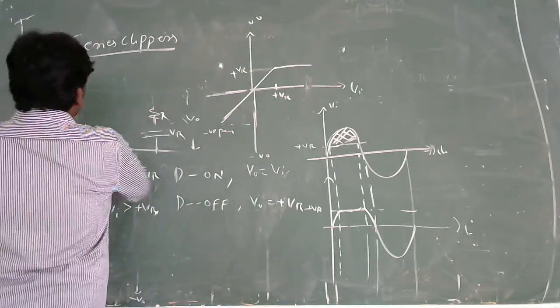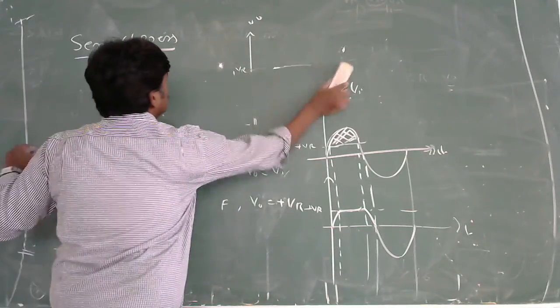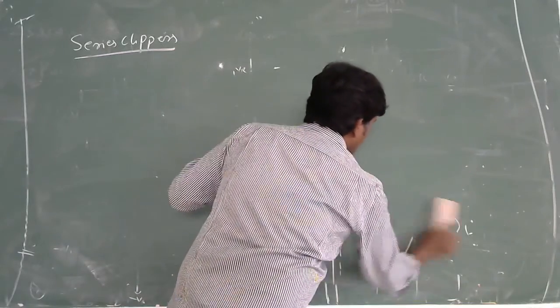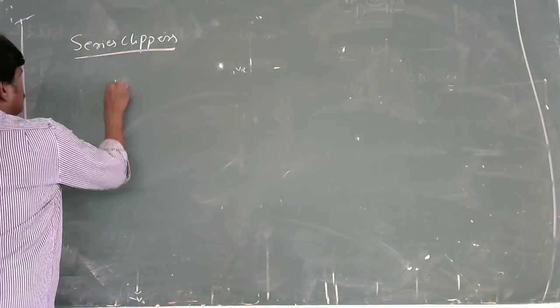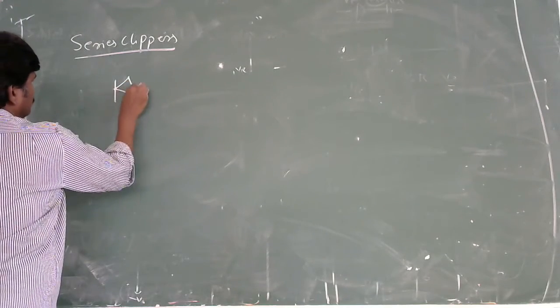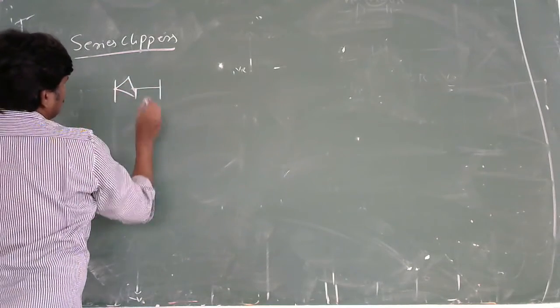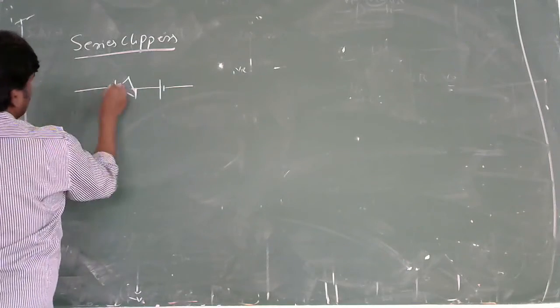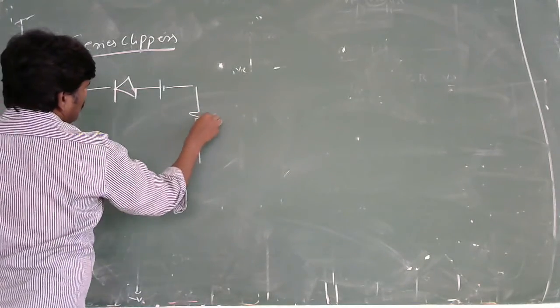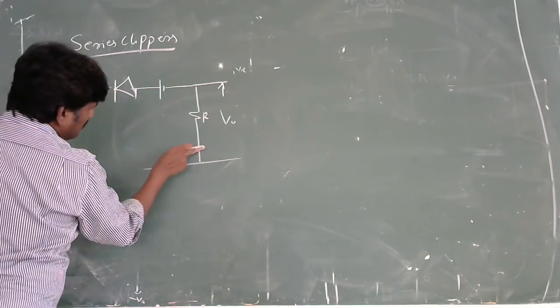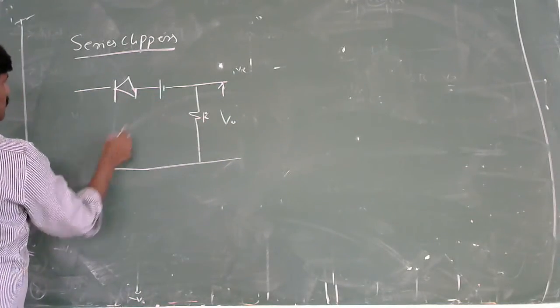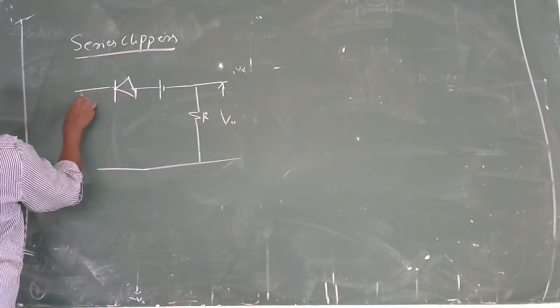Now let us see this one. Let us take a diode like this, and you have the voltage. Just make one resistor to get the output. Previously the reference voltage was connected here, but now you connect it in series with the diode.